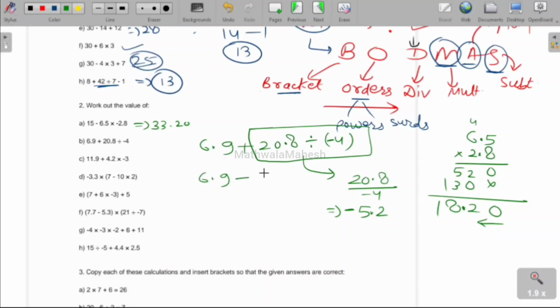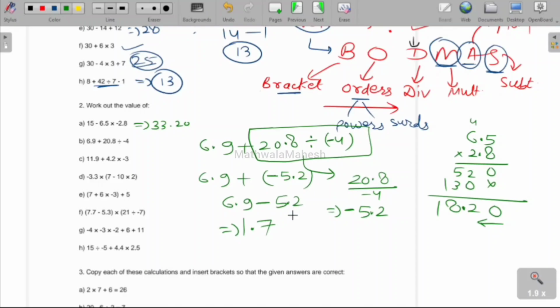6.9 minus 5.2, because there is a plus sign and there is minus 5.2. So plus multiplied by minus is minus. 6.9 minus 5.2 is 1.7.